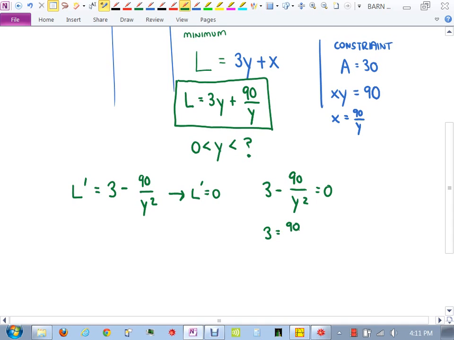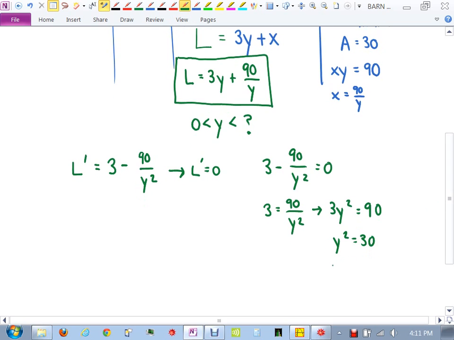I'm going to move my 90 over y squared to the other side, multiply both sides by y squared, divide by 3. Square root of 30.